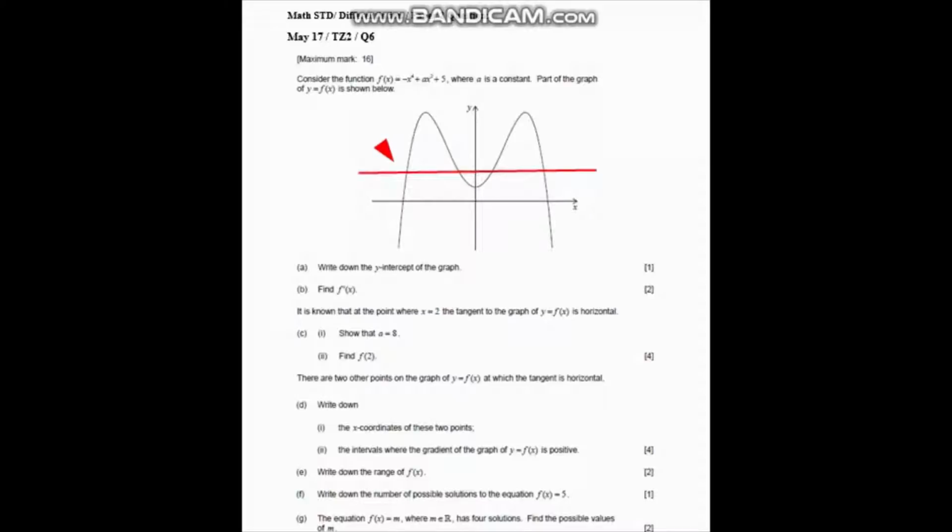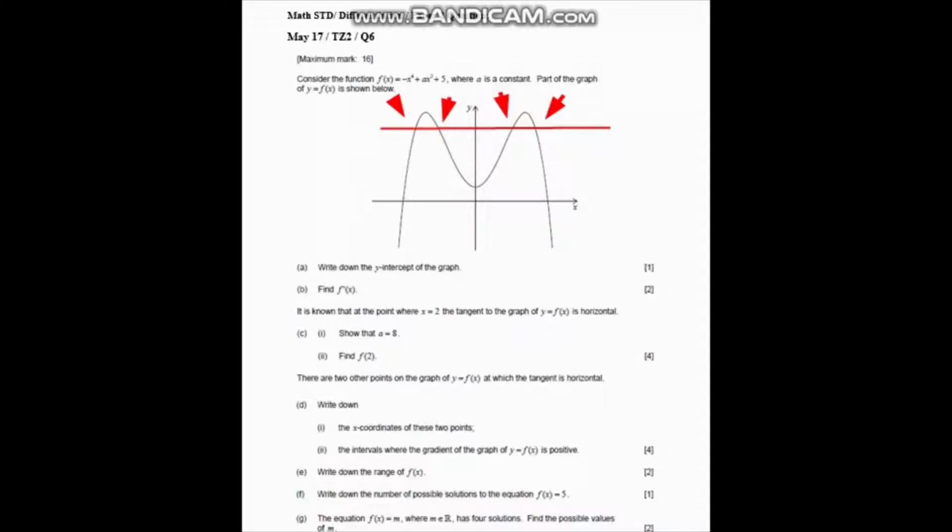There and there and there and there. So there are 4 intersection points. So let's try a third line, maybe a little bit on top. So somewhere here maybe. How many intersection points are there? There is 1, there is the other, there is the third, and there is the fourth.